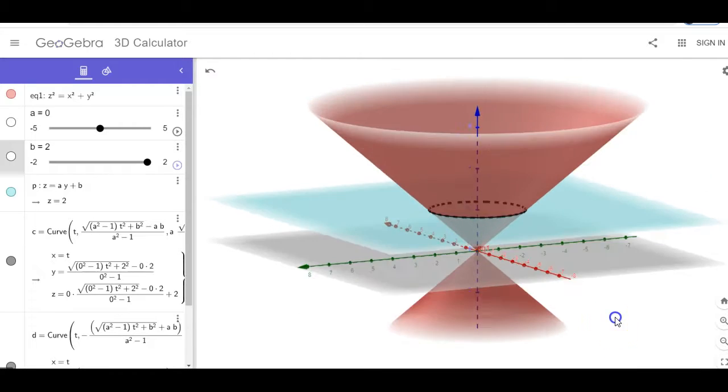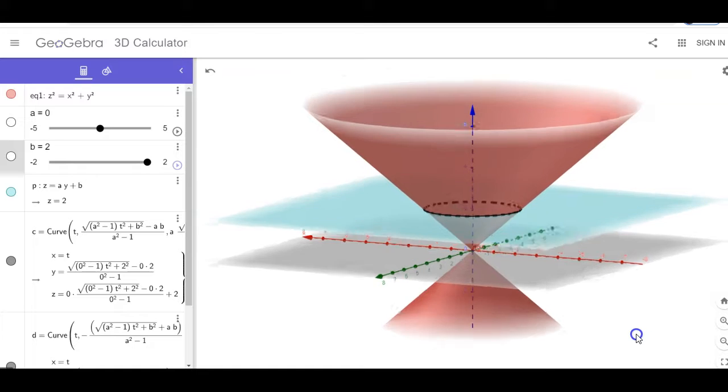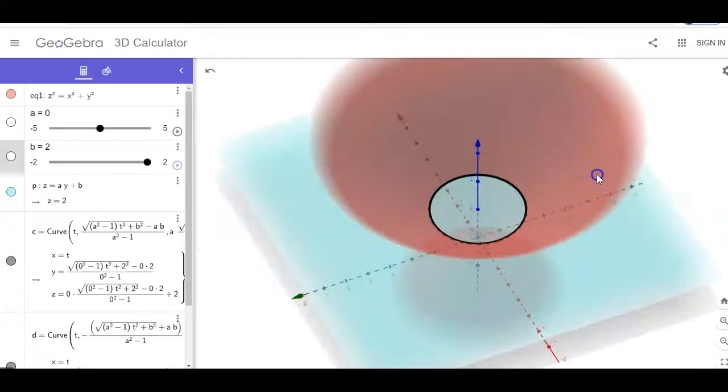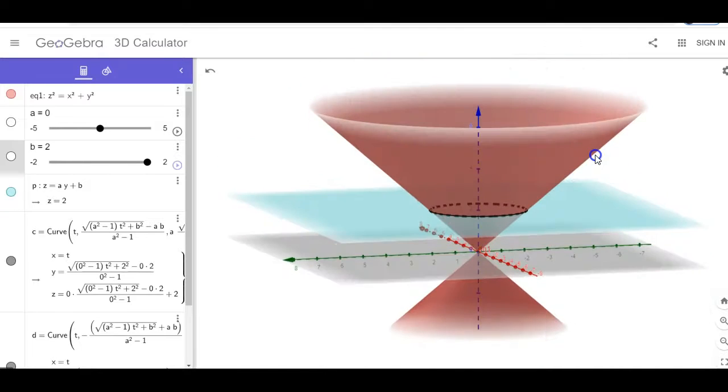So think of the cone being like Play-Doh, made out of Play-Doh, and the blue is just some type of a knife or something that you're going to cut the Play-Doh with. And the conic sections are cross sections of cones. Of these cones, or what we call conics. They're cross sections of the plane and the cone.